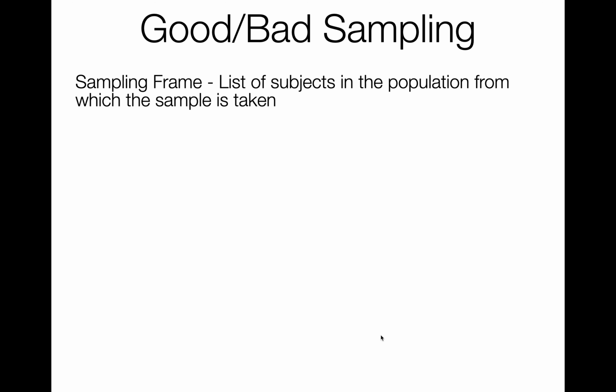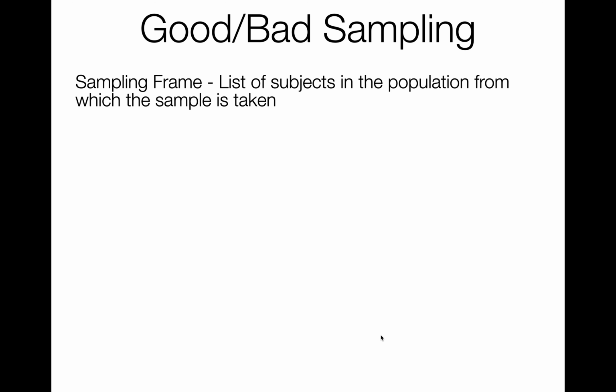Whatever question you have in mind, you usually have a population and a sample like we talked about in the first lesson, right? And that leads to what's called a sampling frame. A sampling frame is the list of subjects in the population from which the sample is taken.